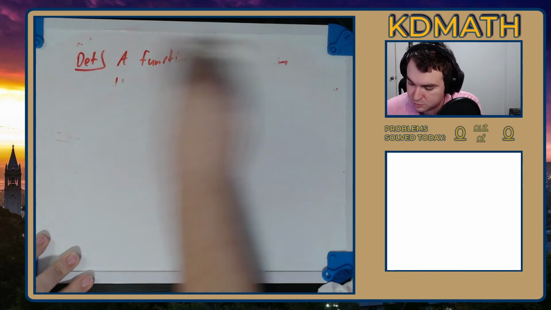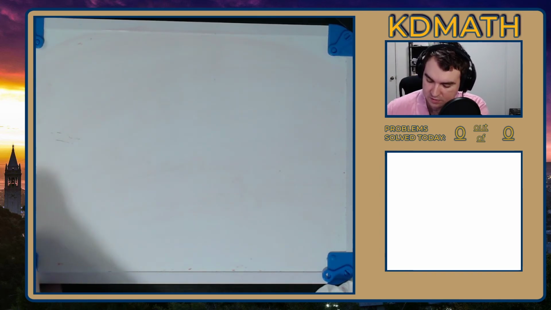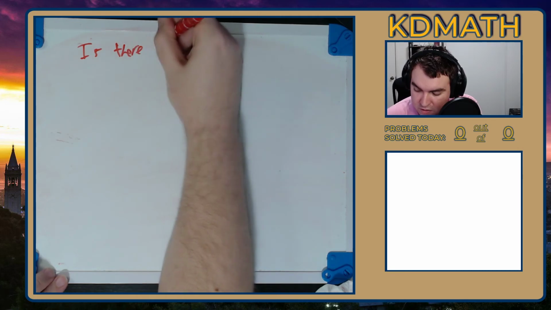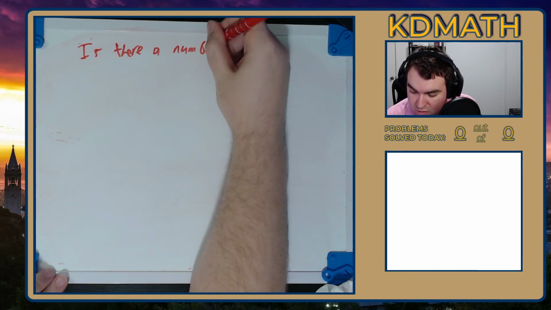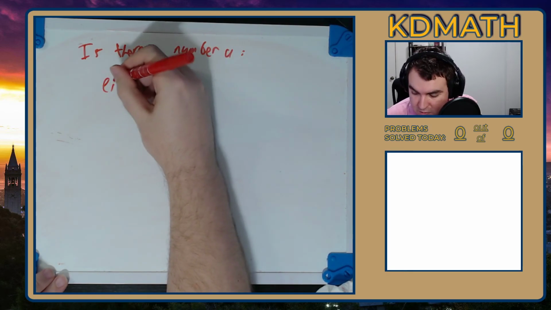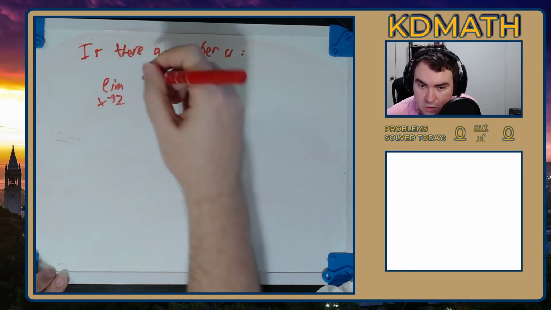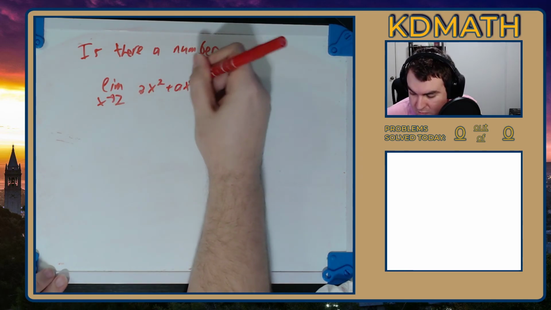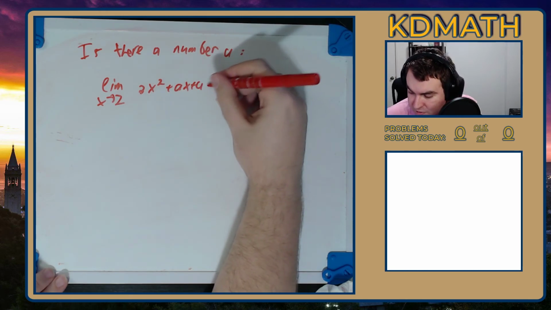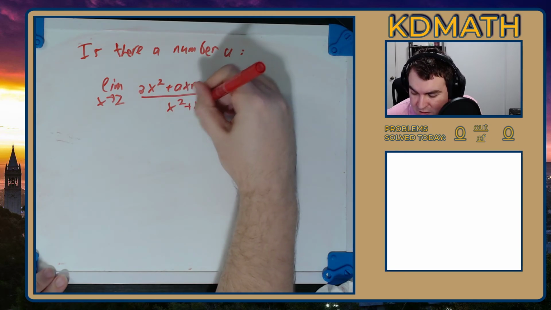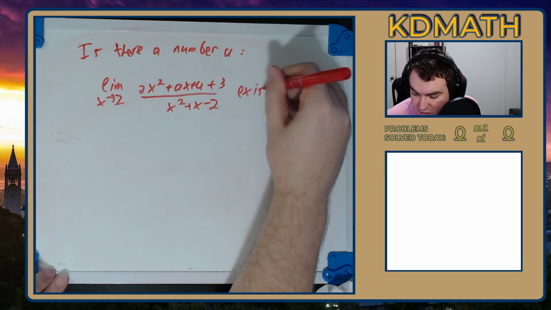I'll just copy it on the board. So, is there a number A such that the limit as x goes to 2 of 3x squared plus ax plus a plus 3, divided by x squared plus x minus 2, exists?